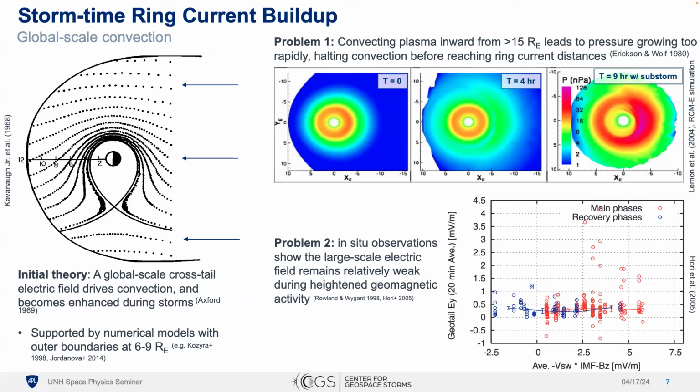I'm betting in your model you have a strong correlation with the solar wind driver. They're specifically trying to get at the global scale field, which is why they're doing this 20-minute average. They're trying to filter out any of the smaller spatial scales through this 20-minute averaging. Anyway, okay, thanks. No problem.